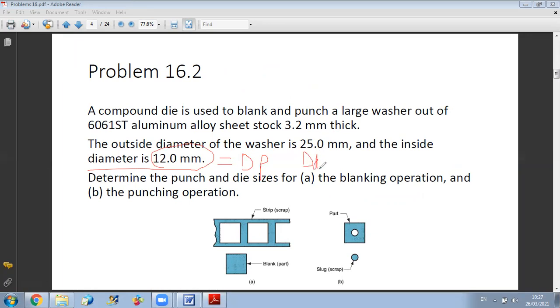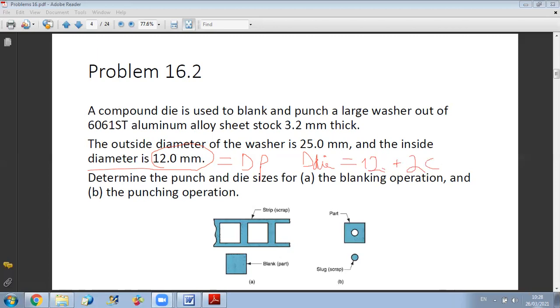So d of die will be equal to dp, which is 12, plus 2c, and the clearance is the same one calculated in the previous step. Then we can obtain the die diameter in the punching operation.